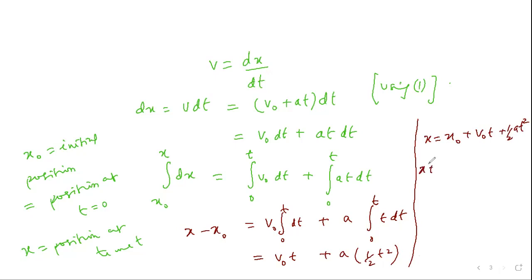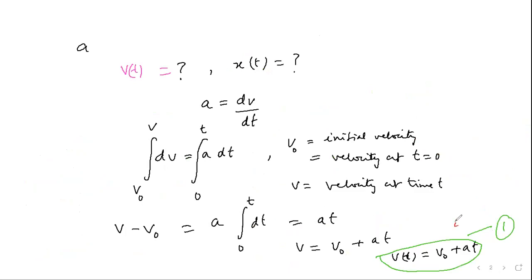Or we write it x of t, because it is actually a function, position as a function of time: x naught plus v naught t plus half a t square. So I name this equation. This equation is my second equation. This was my first equation.